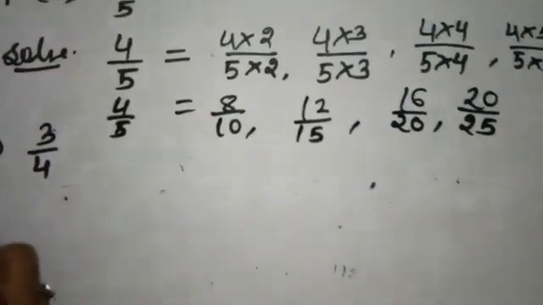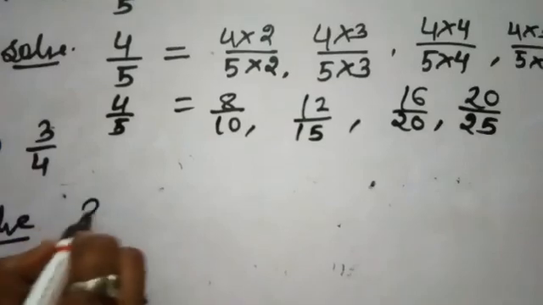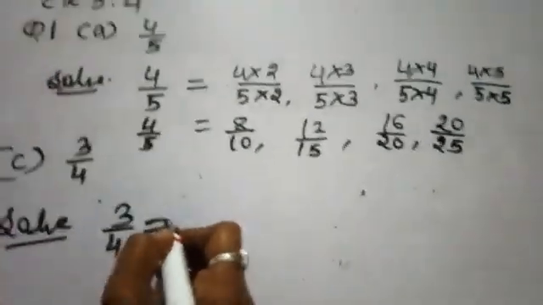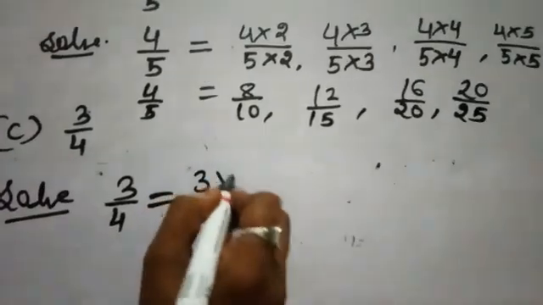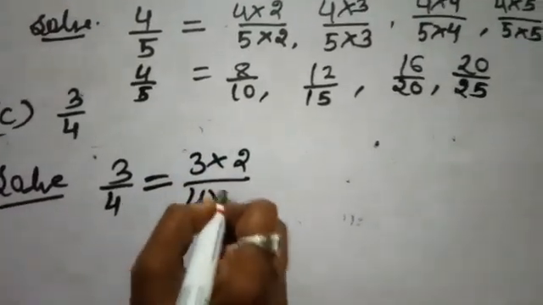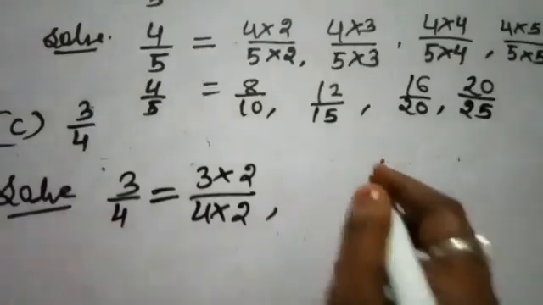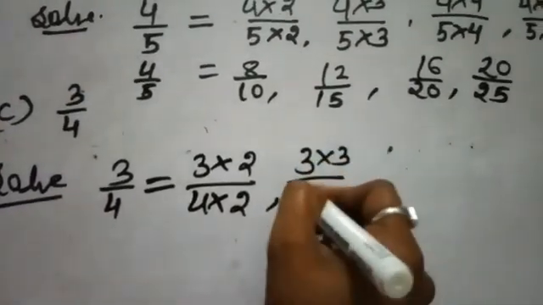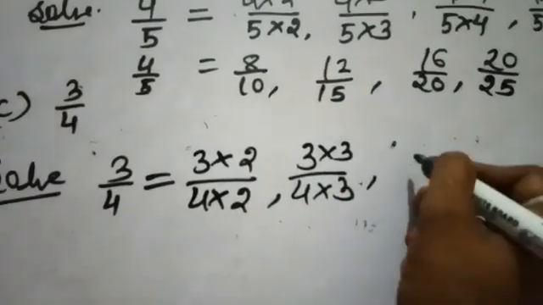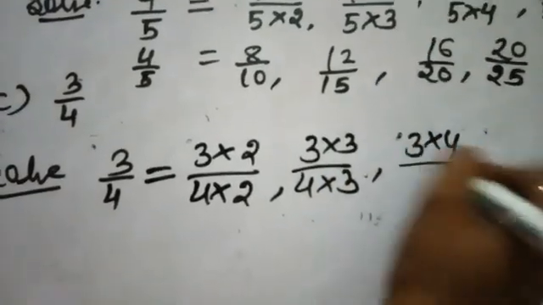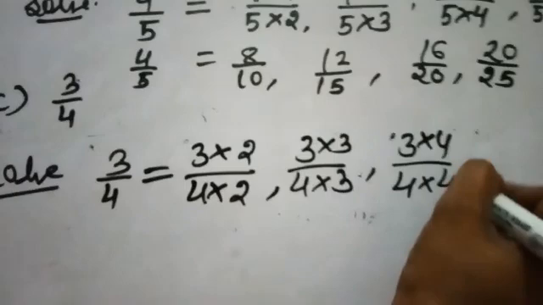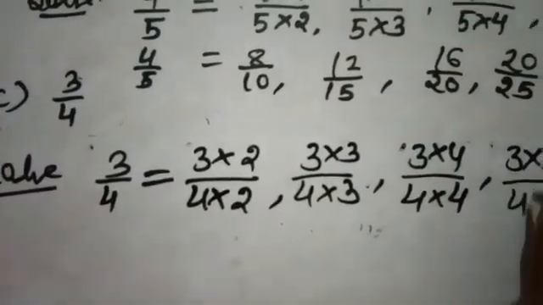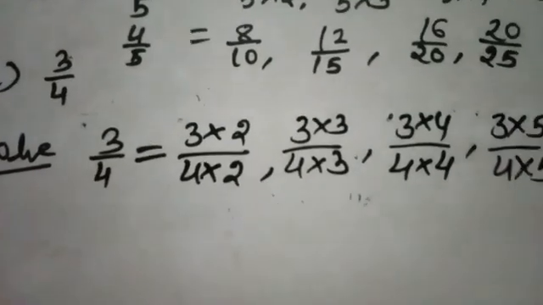Same question we will do for the second part, that is C part, 3 upon 4. For finding the equivalent fractions, we have to make the table of numerator and denominator. Multiply by 2, then 3, then 4, then 5: 3 2s are 6, 4 2s are 8, 3 3s are 9, 4 3s are 12, 3 4s are 12, 4 4s are 16, 3 5s are 15, 4 5s are 20.